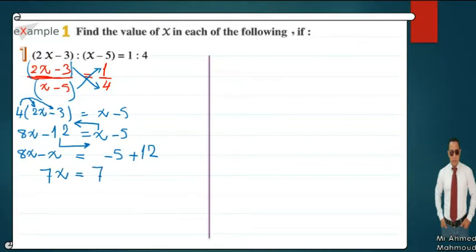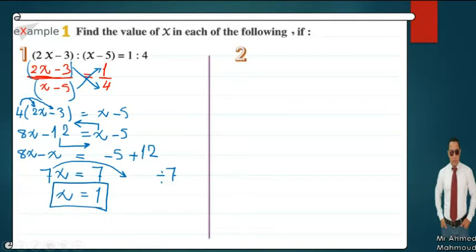Then I send 7 to the other side as divided by 7. Then x equals 7 divided by 7 equals 1. This is the value of x.